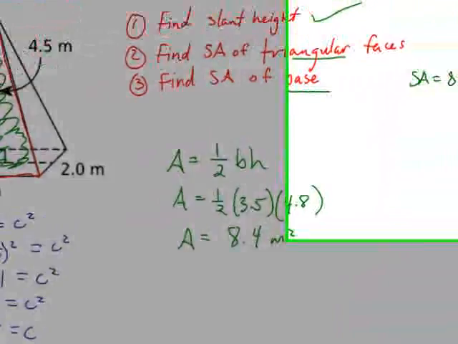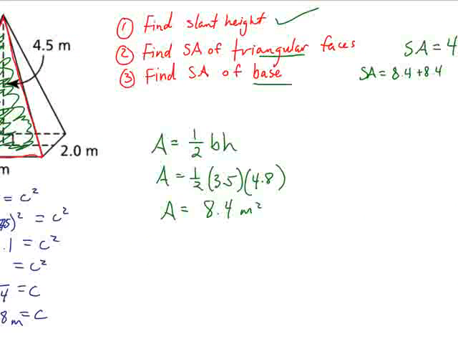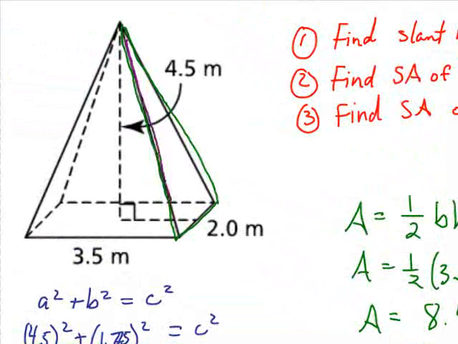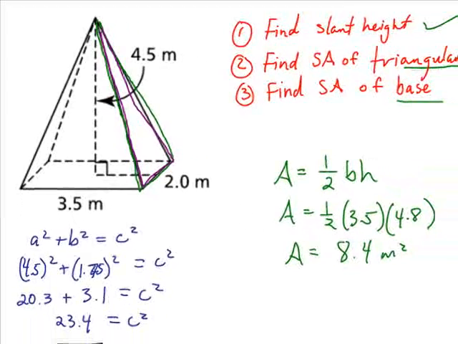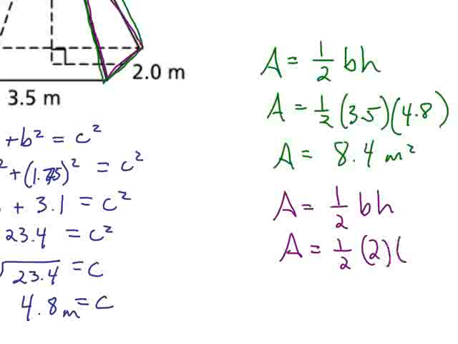If we go back to our surface area of a rectangular pyramid formula, we have to figure out four triangular faces. We've just figured out two of them, so we've got two more to go in order to make our four. Okay, so we'll use a different color. What we want to do now is figure out the surface area of the other triangular face. We're going to use the same formula: area equals 1/2 base times height. So area equals 1/2, our base is now 2, times our height, which is still 4.8.